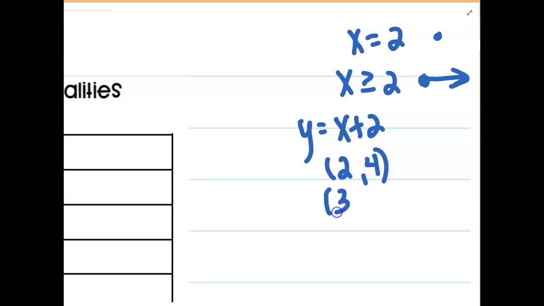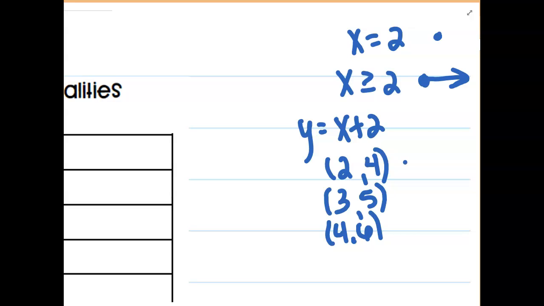Another answer, maybe x is 3. If x is 3, 3 plus 2 tells me that y is 5, so (3, 5) is also an answer. So is (4, 6), and I could keep going, (5, 7), (6, 8). I can't sit here and write out all of the answers. So what we did with this, like with the inequalities, is graph them, because I can't write out all the answers greater than or equal to 2, but I could graph them.